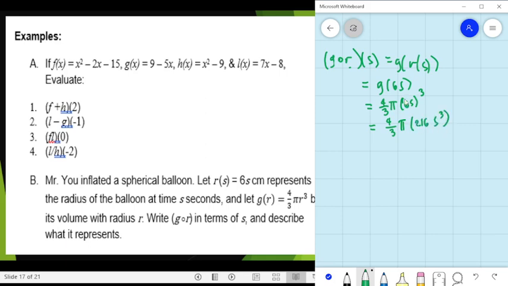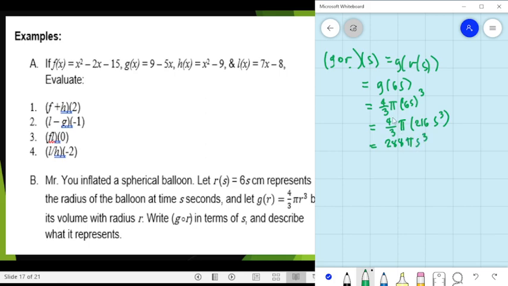And 216, we have to multiply the 6 here 3 times by itself. So 6 times 6 is 36 times 6 is 216. And simplifying further, we can cancel 216 and 3, then multiply it by 4, so the answer would be 288 pi s cubed.